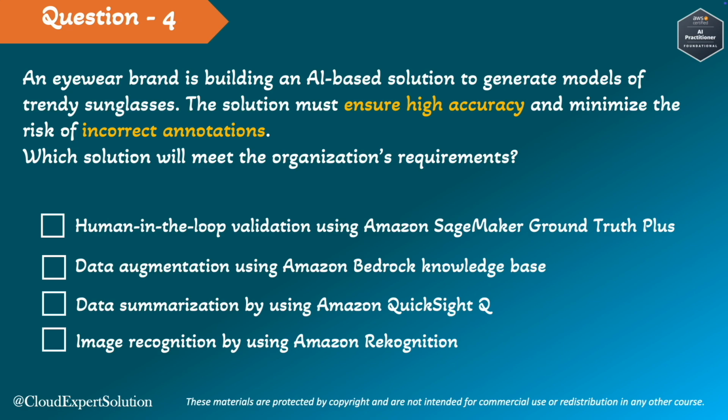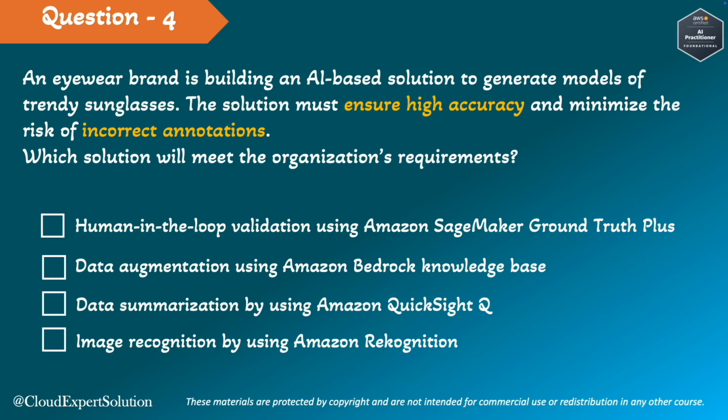It is talking about ensuring high accuracy and the risk of incorrect annotations. Now, with correct annotations with high accuracy, the question is hinting towards automatic generation of annotations or using human review to review those annotations created by a machine learning solution. That means it is hinting towards human-in-the-loop validation for any machine learning model's outcome.